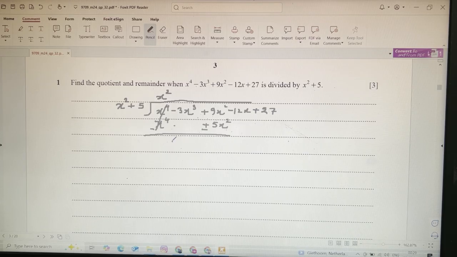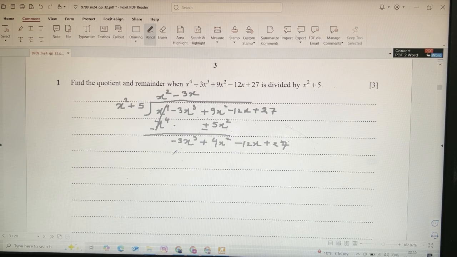Now we are left with minus 3x cube plus 4x square. Rest will come as it is, minus 12x plus 27. Now we have minus 3x cube and here we have x square, so we should multiply by minus 3x.